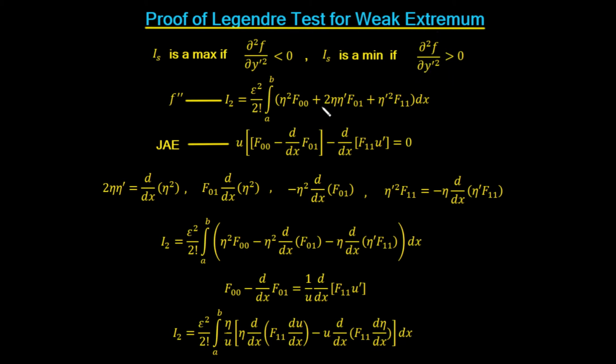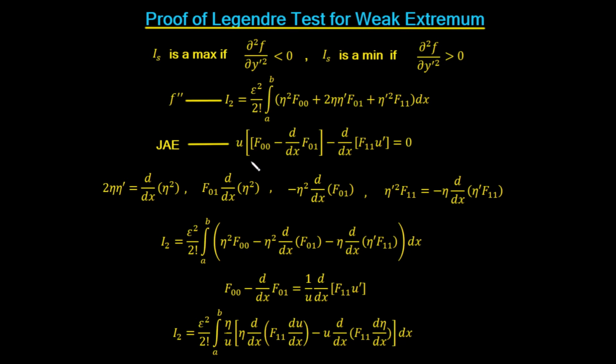It meant that this term would dominate, and the sign of this term would determine whether we actually had a local maximum or a local minimum. So we're going to use this equation here to simplify this. Let's go ahead and do this now.